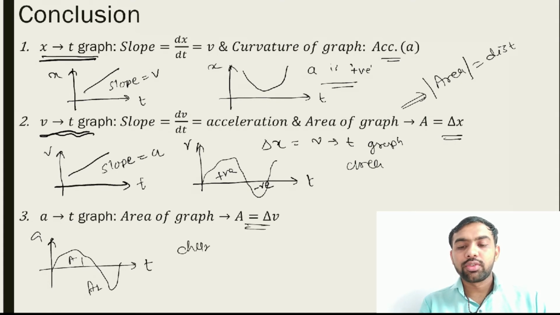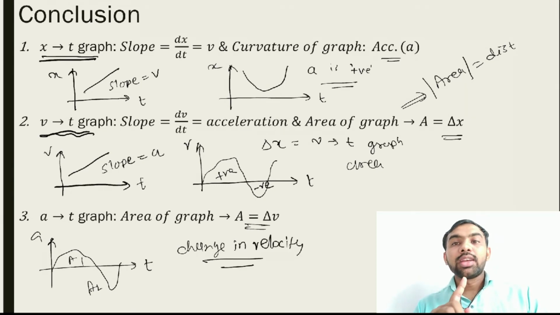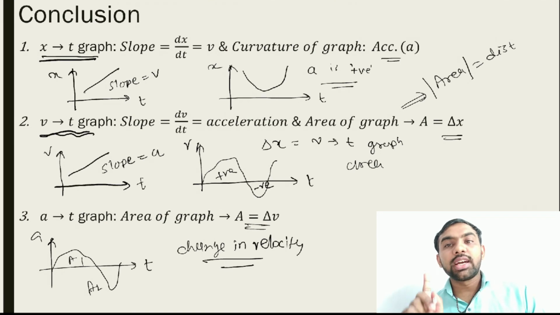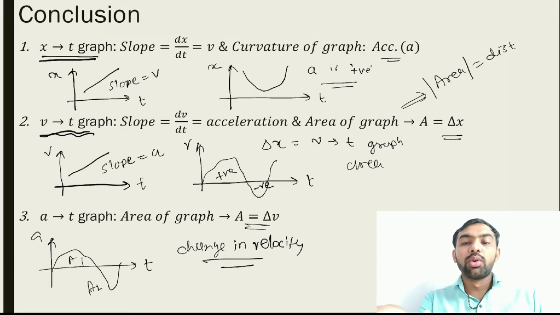Change in velocity. Delta v means what? Change in velocity. आप याद रखना, area doesn't mean velocity. Area of a versus t graph means change in velocity, not the velocity. Okay, so this is the conclusion and most important.